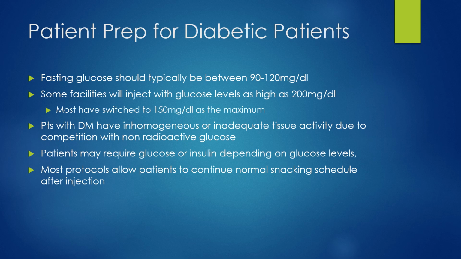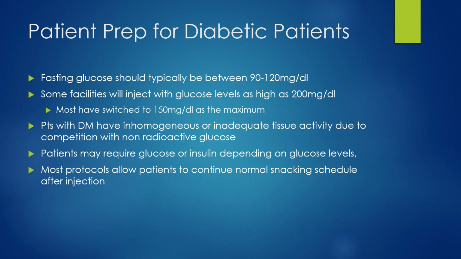Some facilities will inject with glucose levels as high as 200, but most have switched to using about 150 as the maximum. And patients with diabetes have inhomogeneous or inadequate tissue activity due to competition with non-radioactive glucose.